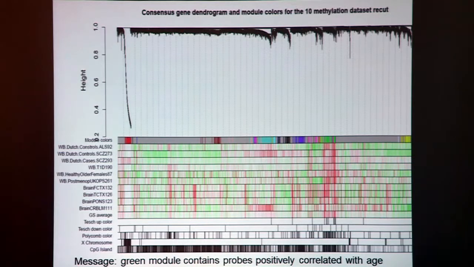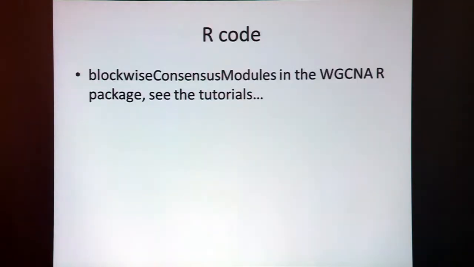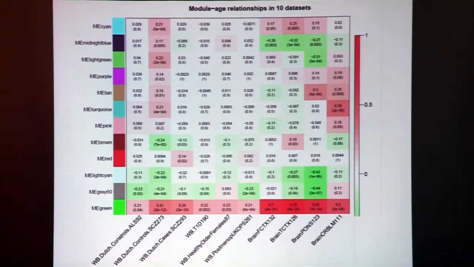Other questions? You showed a correlation matrix that looked like a heat map. If you look at the WB Dutch controls, whole blood Dutch, yes, that column has a lot of correlations in it. Do you have any explanation for that?